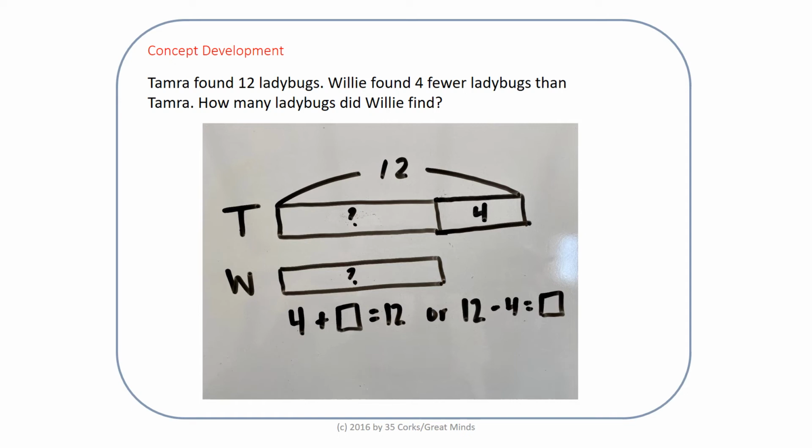We know one part is 4, plus another part we don't know, so boxed, equals 12. Or we could think and look at Tamara's and see that 12 is the total. We start with 12. We take away 4 because it's one of the parts to equal our answer, unknown, the question mark.